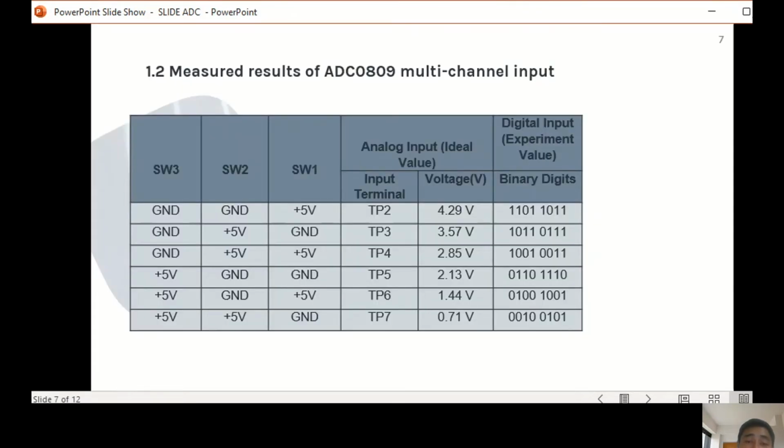And the second one is the measured result of the ADC0809 multi-channel input, where the switch is turned on: switch 1 for the first one, which is 5 volt, then the second one is switch 2, the third one is switch 1 and switch 2, and the fourth one is switch 3, and the fifth is switch 3 and switch 1, and the sixth is switch 3 and switch 2. The digital inputs are shown in the table below.